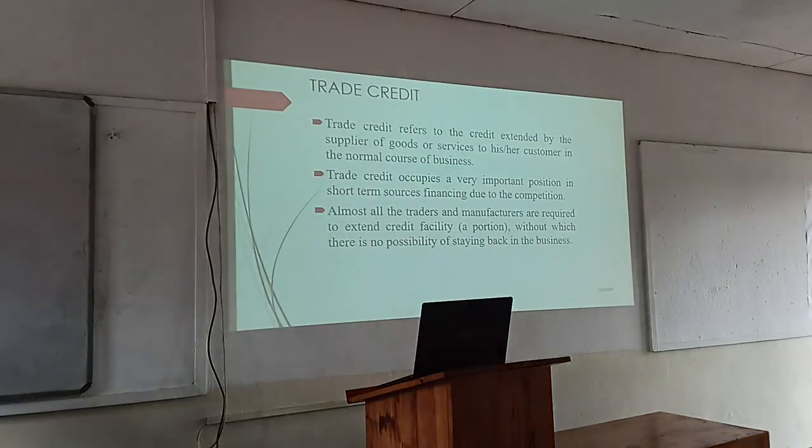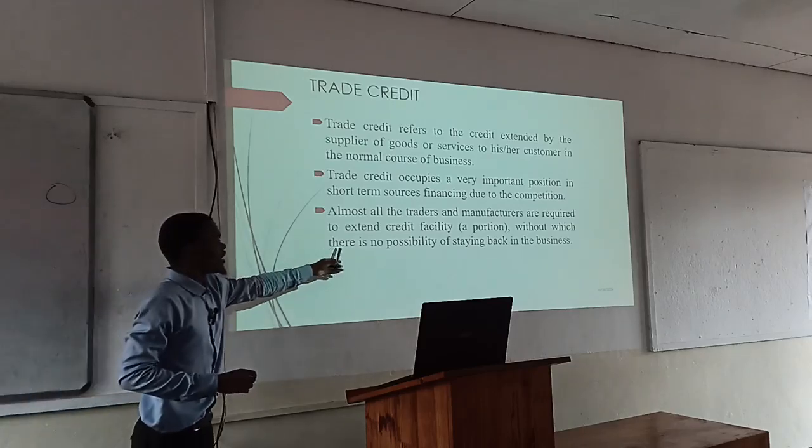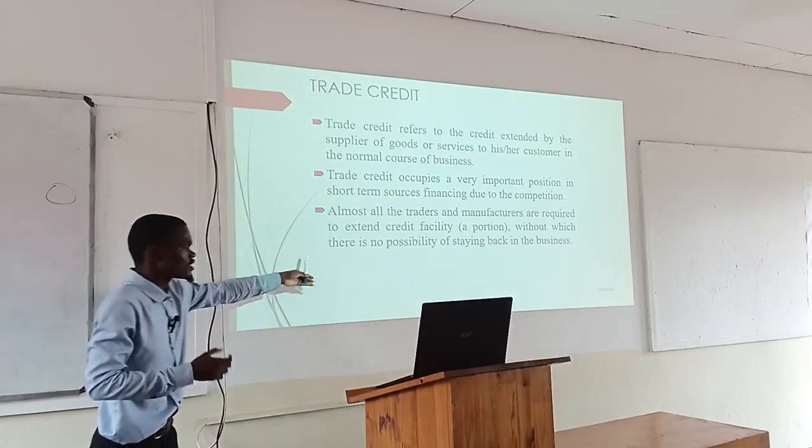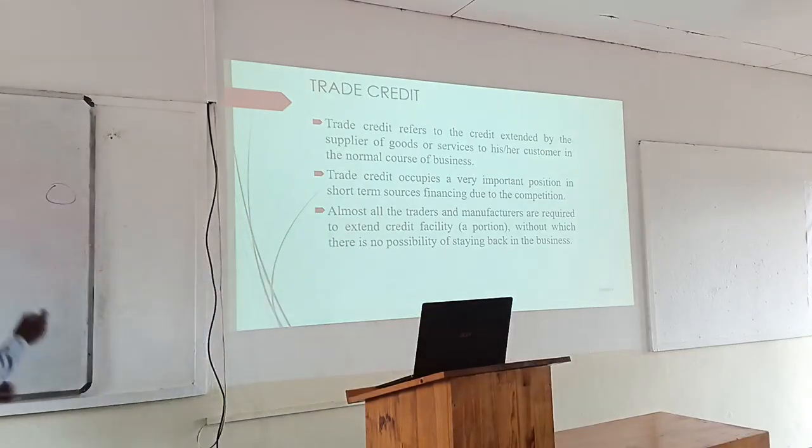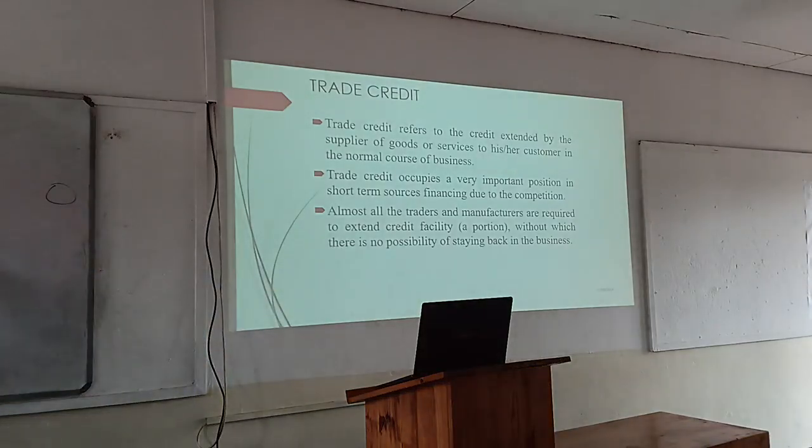Okay, let's use this example. These are two organizations, and here we are on short-term sources of finance. This organization doesn't have money. This is another organization. This organization wants to buy products from the other, but doesn't have money.